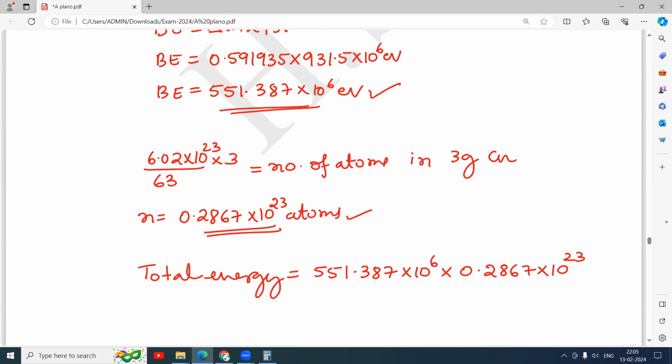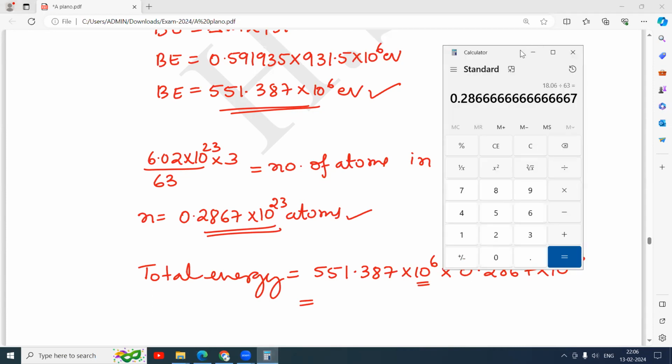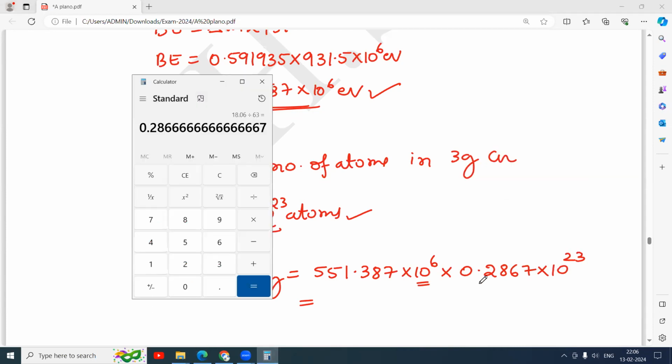We will keep this million electron volt as it is. Multiplying 0.2867 by 551.387 comes to 158.06.